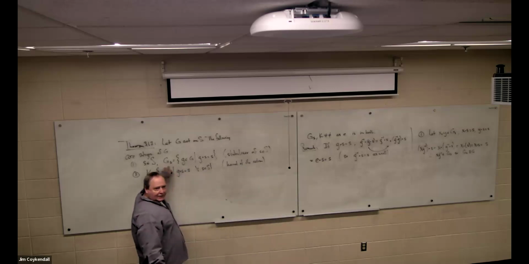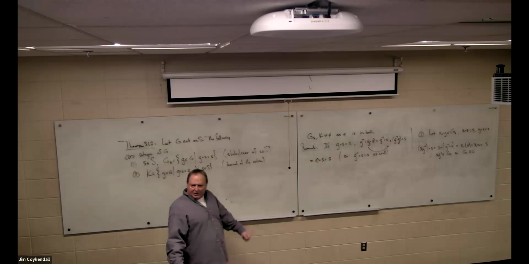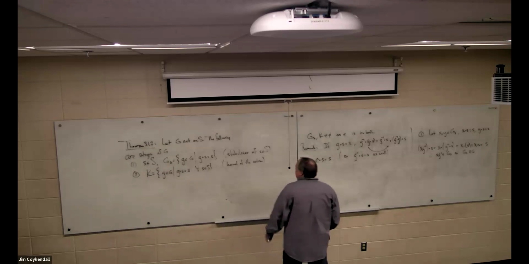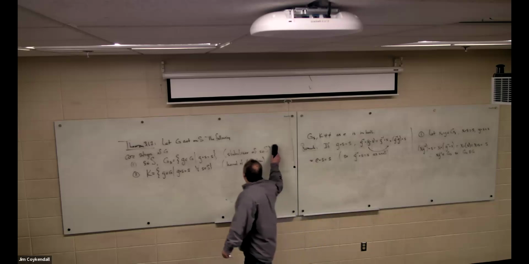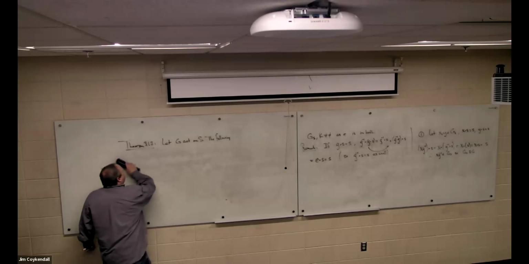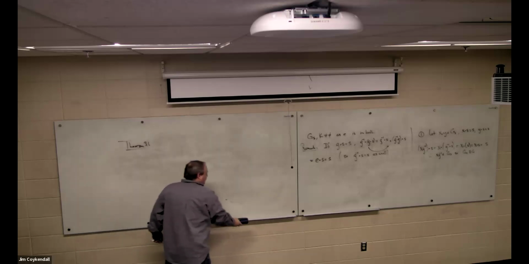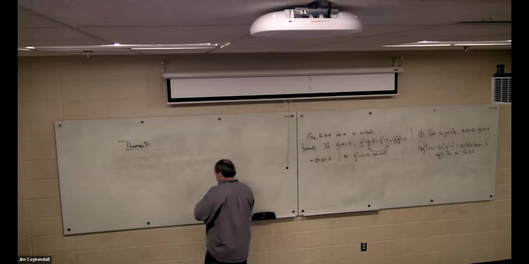When I talk about group actions, they're going to come up quite a bit. These are two very important subgroups of the group acting on the set: the stabilizer of some particular point and the kernel of the action. I'm going to give you a theorem of the same sort of spirit, but instead of actions, I'm going to talk about homomorphisms.